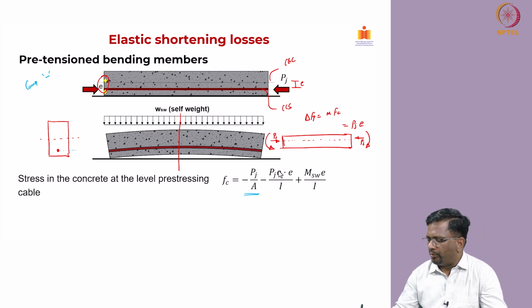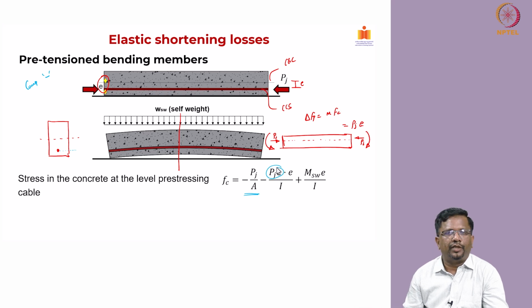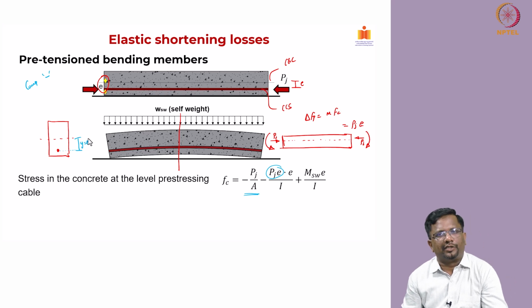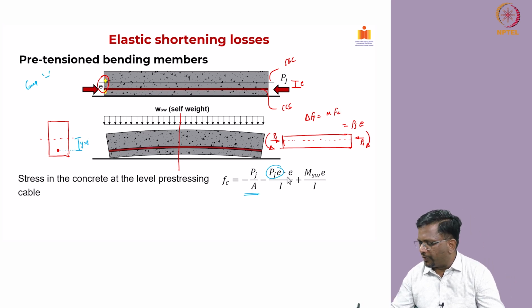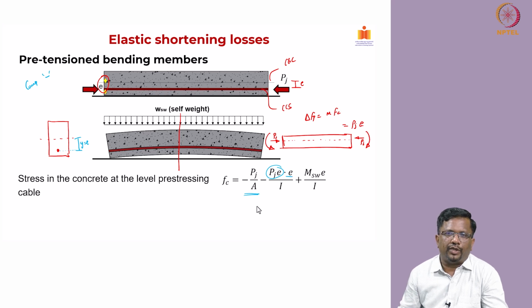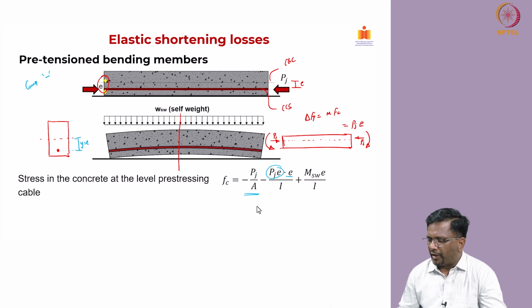That moment is Pj into E, and what is Y here? Y, which we are calculating, is equal to E, the eccentricity of the cable itself. So that is Y here. So M by I into Y will give you the stress that is happening from the applied pre-stressing moment.